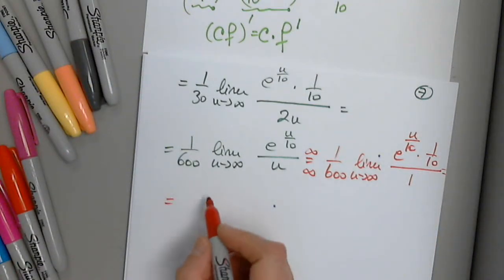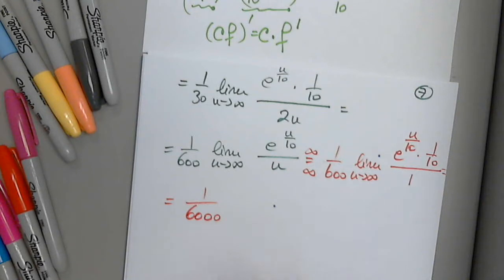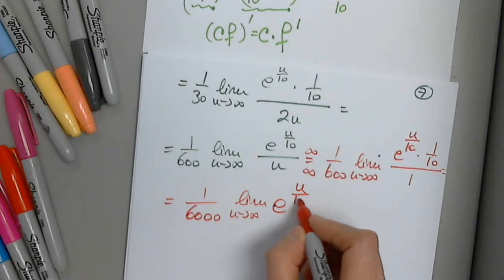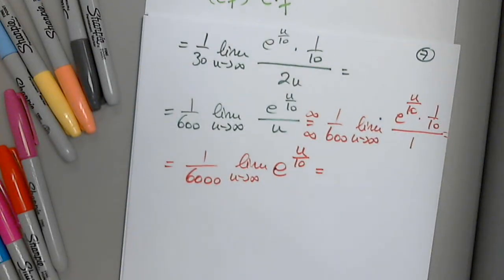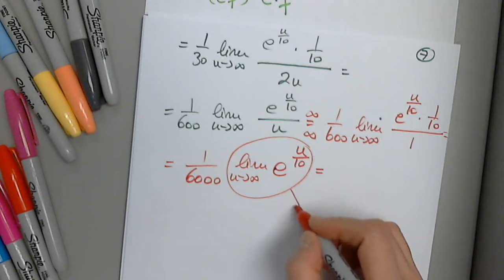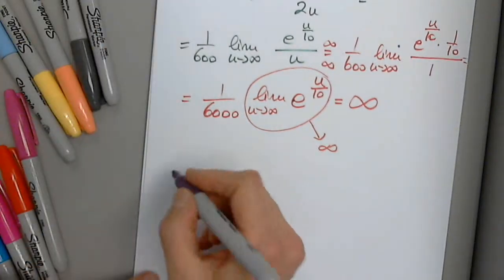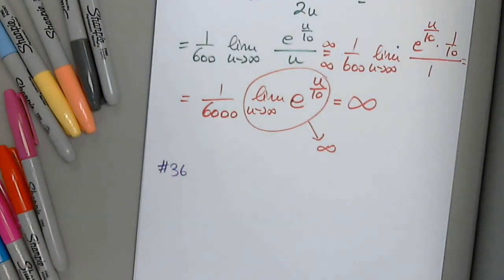So now I have 1 over 6,000, limit u approaches infinity of e to u over 10. Where does this go? Good. How much is infinity over 6,000? Very good. Any questions? Any questions?